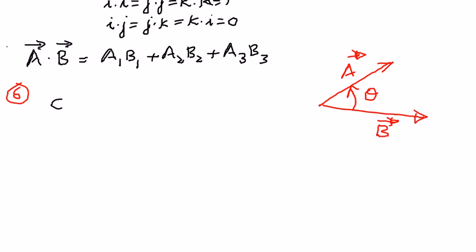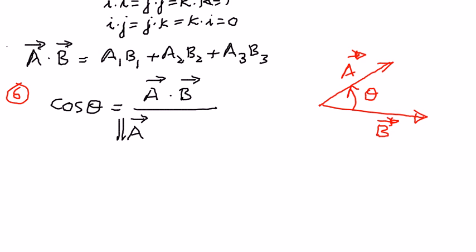The angle theta between non-zero vectors A and B is given to us as follows. Cosine theta is equal to vector A dot vector B divided by the magnitude of vector A times the magnitude of vector B. So that's the formula. It is very similar to the one which we have seen in vector operations in 2 dimensions.